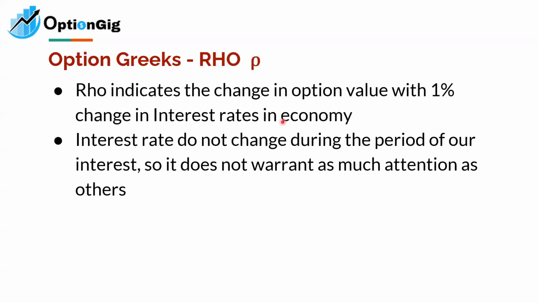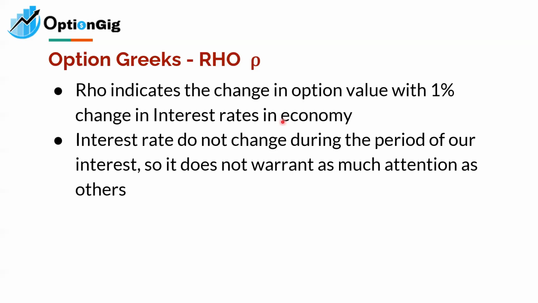But if you really want to get into the weeds, or if you're trading LEAP options, which are 2 years out, 3 years out, then understand how Rho could change, because over 2-3 years the interest rate could change, and in that case it might impact.